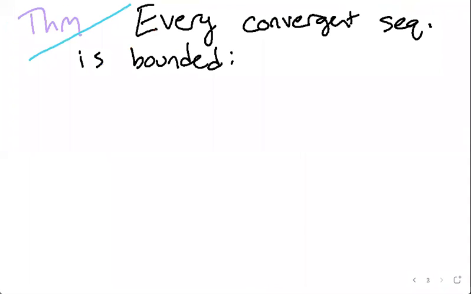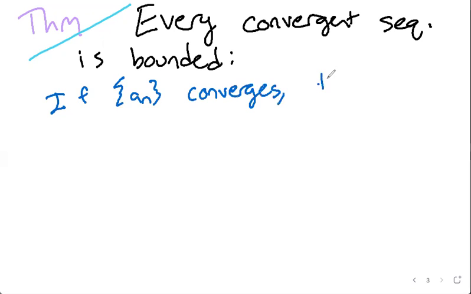As it turns out, we have a nice theorem here that every single convergent sequence is bounded. Written symbolically: if the sequence a sub n converges, then a sub n is bounded.